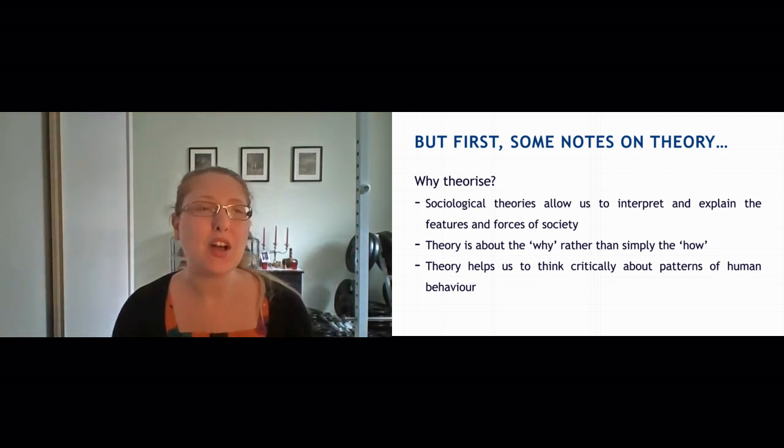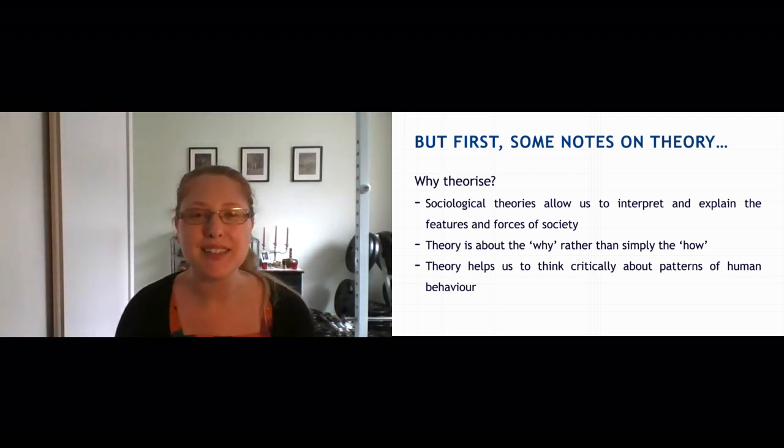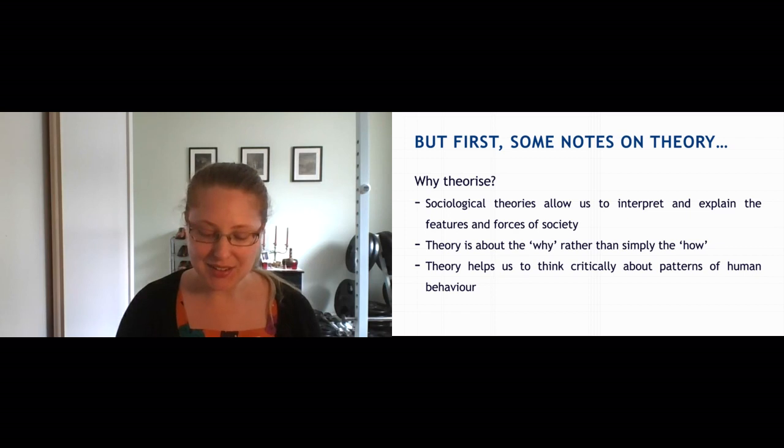So the nature of the way that we use theory, the way that we create theory, the way that we test theory is just a little bit different in sociology.